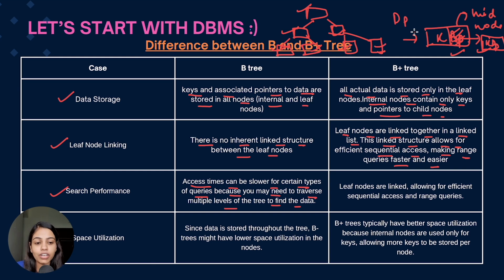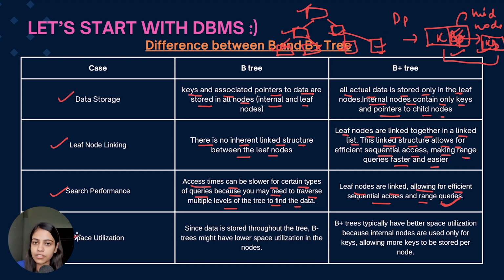But in B plus tree, since all the data is stored in the leaf node only, we need to only traverse the leaf node or the linked list structure formed at the leaf node. So leaf nodes are linked together in B plus tree, allowing for efficient sequential access and range queries. So it is very helpful for range queries because we need to only traverse the linked list which is present at the end of the tree.